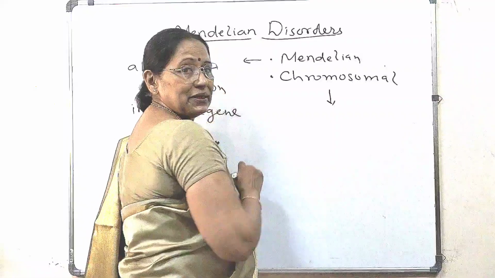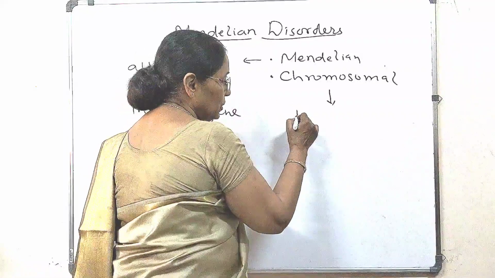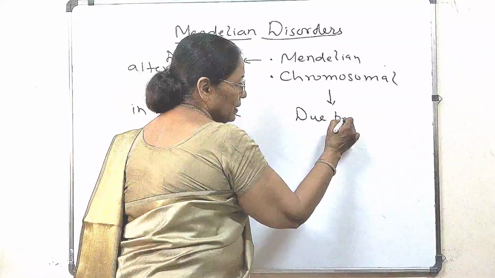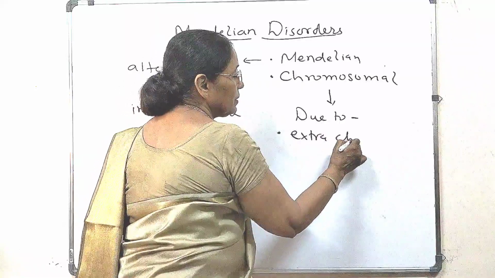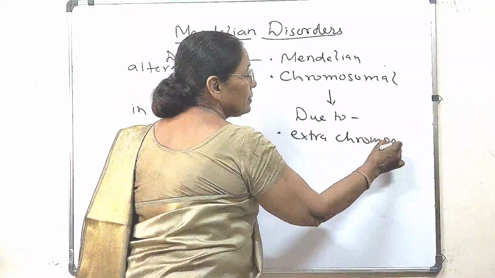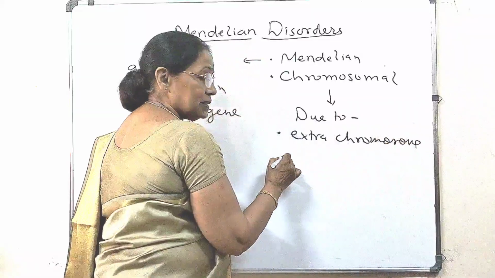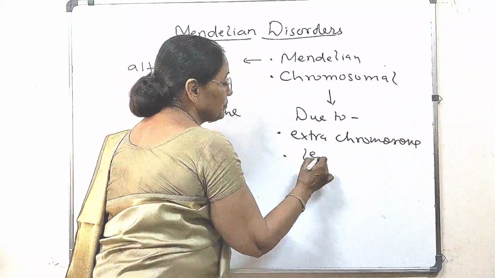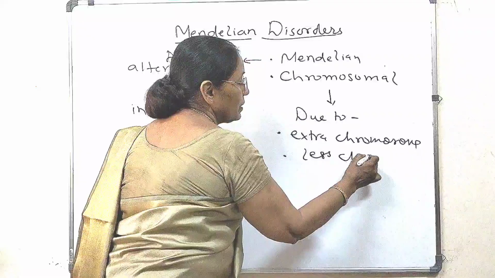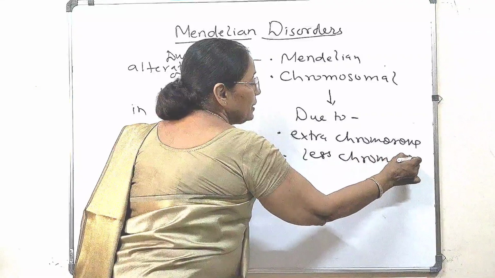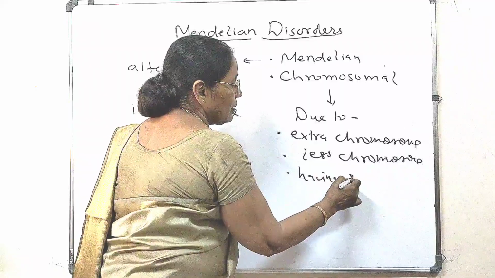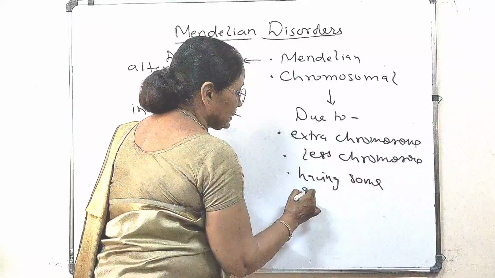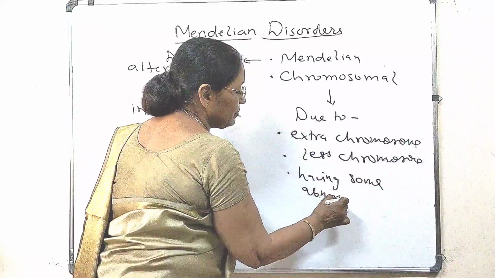These chromosomal disorders are due to either an extra chromosome or a lesser number of chromosomes, or having some abnormal segment in them.